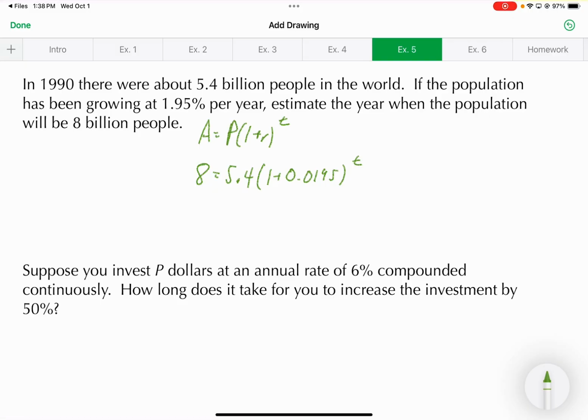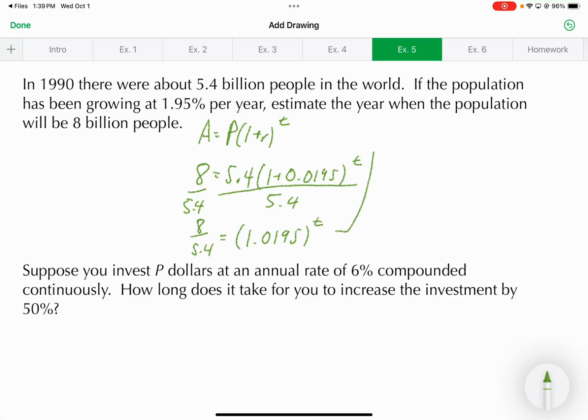So, what do I want to do first? Divide by 5.4 billion. Yeah. I'm just going to leave it as 5.4, and we're going to get our answer in billions. So we'll do 8 divided by 5.4, so whatever that is, equals, and then in parentheses, 1.0195 to the power of T. What should I do to both sides?